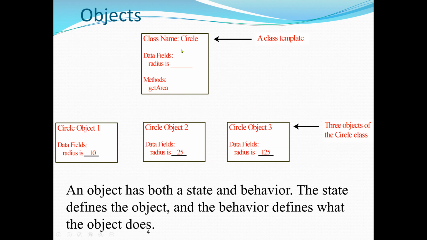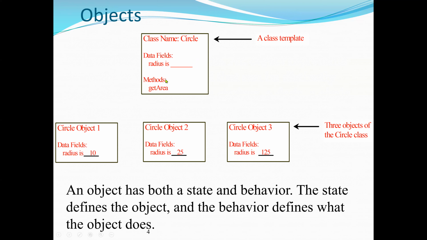So here we have an example of an object that we want to create, and the object type is a circle. So the first thing we do is create the circle class. We have a class named Circle. The data field for a circle is radius. We can use radius, or we can also use diameter.